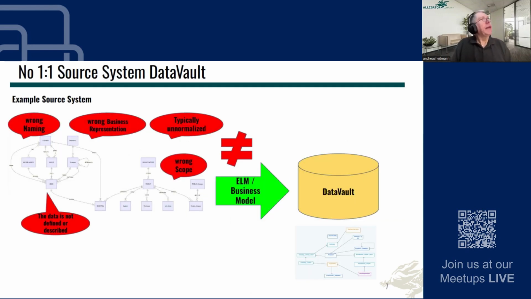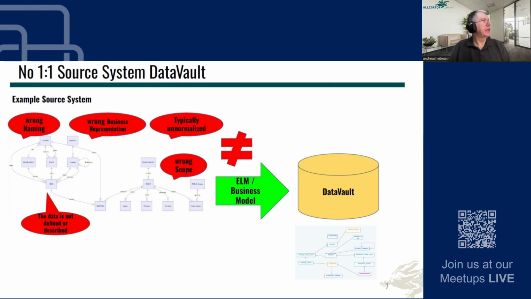I think it's very important that you take care that you don't implement a one-to-one source system data vault, for different reasons which I'd like to explain now. For example, here you have a source system which is already maybe in 3NF, if you have luck. But if you really look at it, you see a lot of things that hinder you from really having a good understanding of the business.